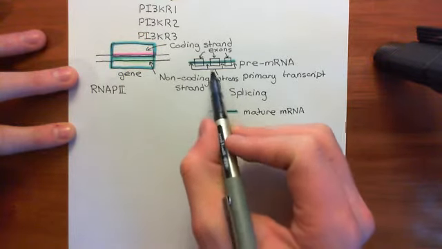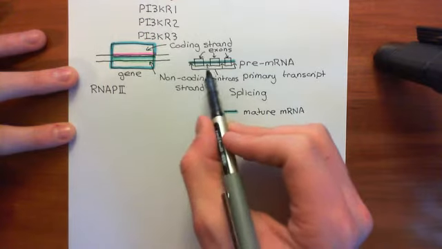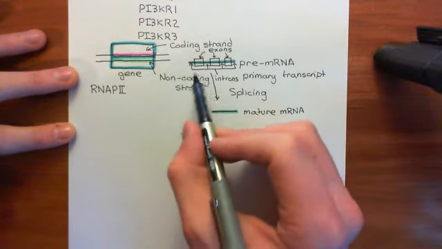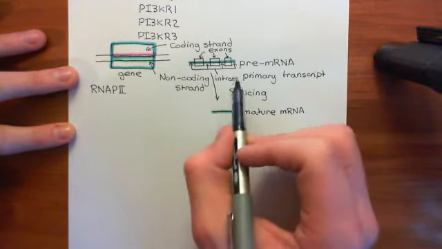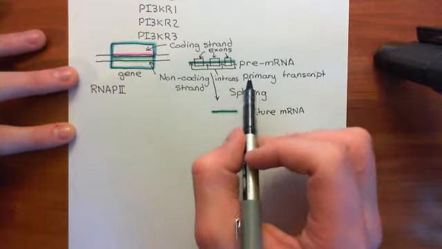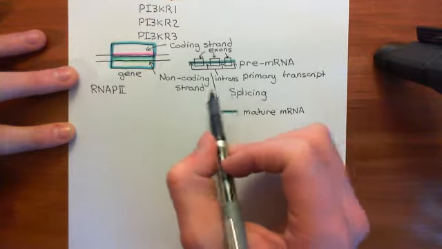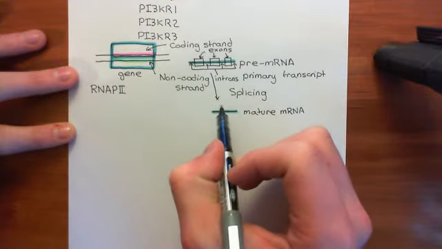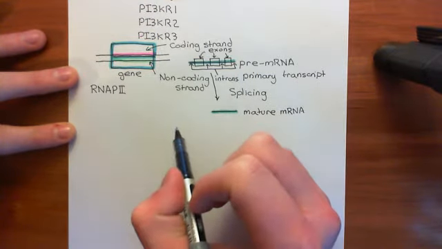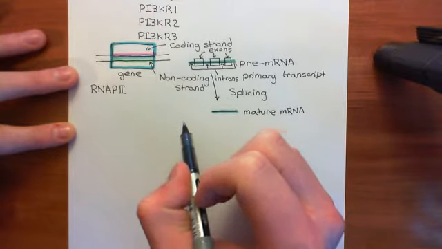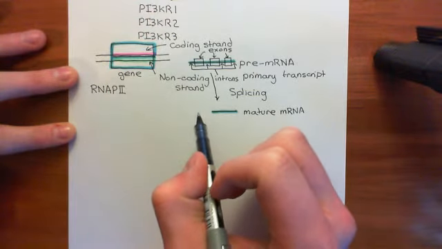This means that if you've got concurrent pre-mRNAs which are all being spliced, different pre-mRNAs can go down different splicing routes, and therefore can produce a range of different mature mRNAs, which can then go on and be translated into different proteins.